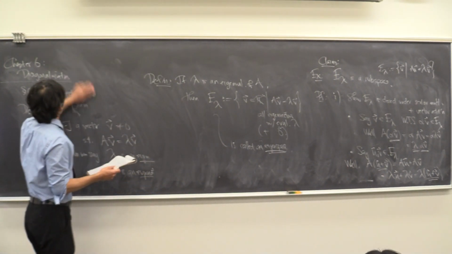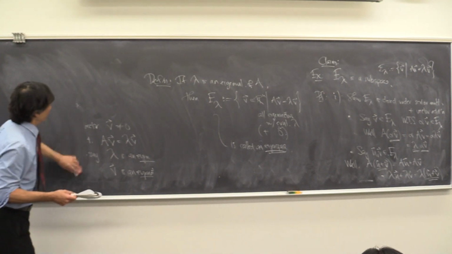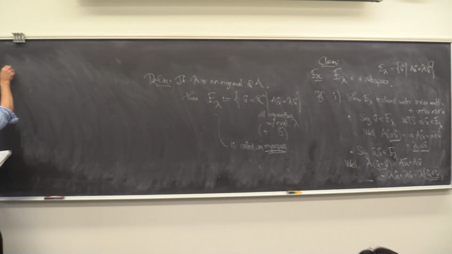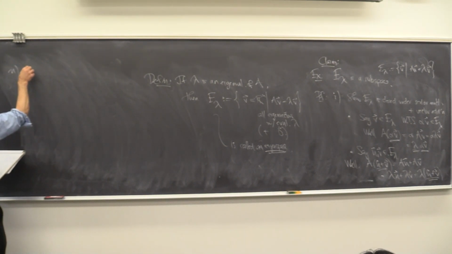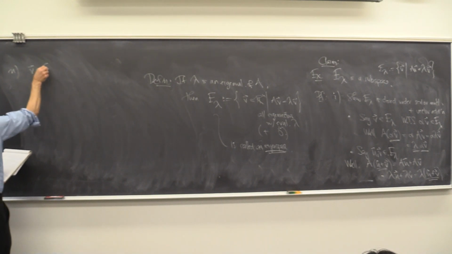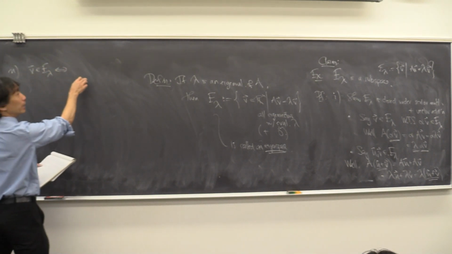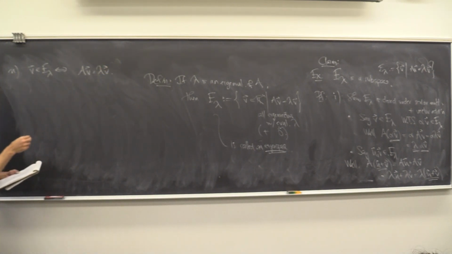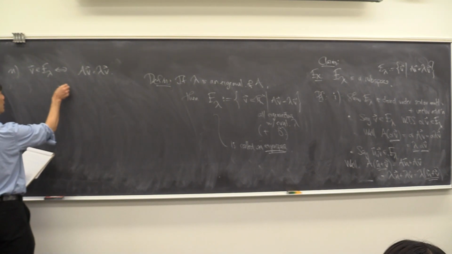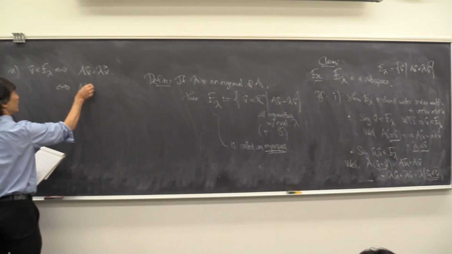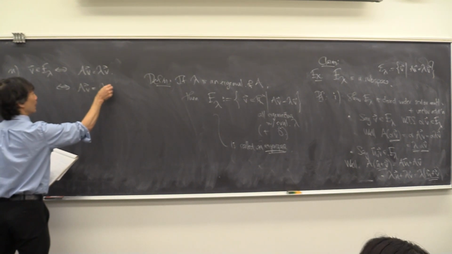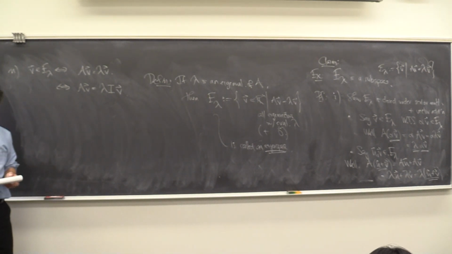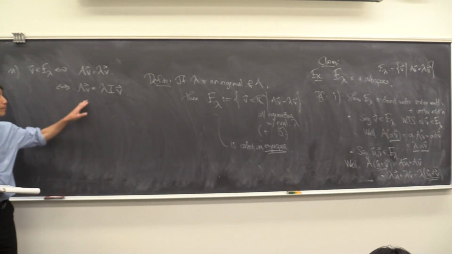Let me show you a slightly more fun one. Look, V is in the eigenspace. That's the same thing as saying AV equals lambda V, which I'm going to rewrite as AV equals lambda times the identity matrix times V. Be impressed.